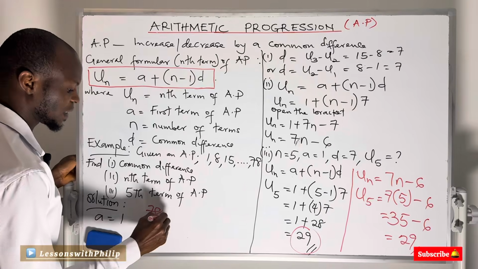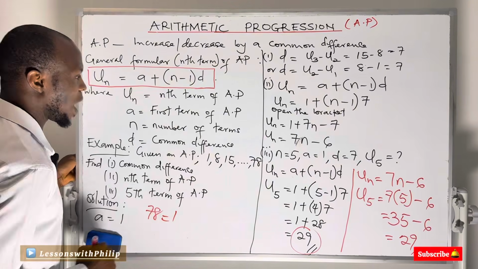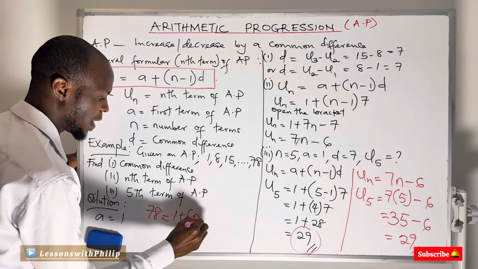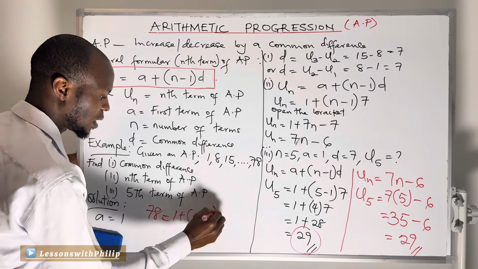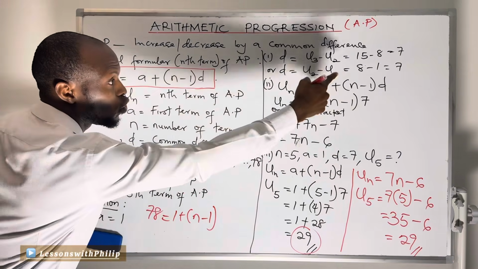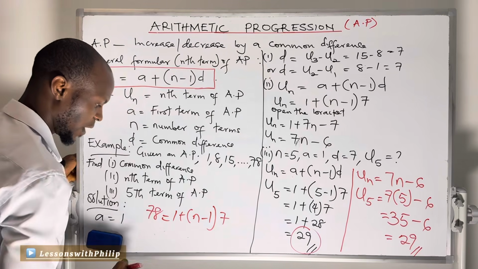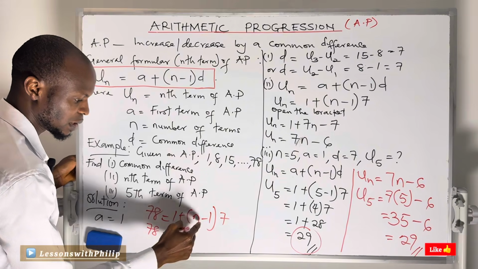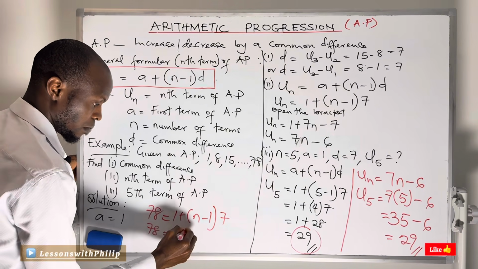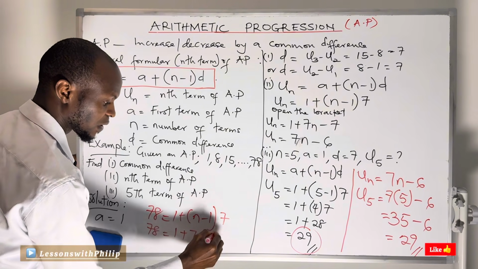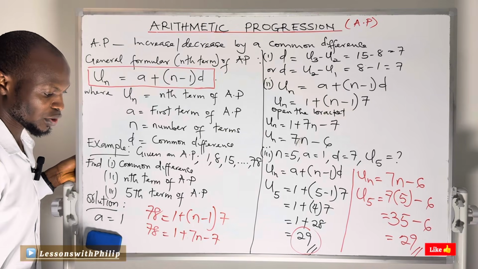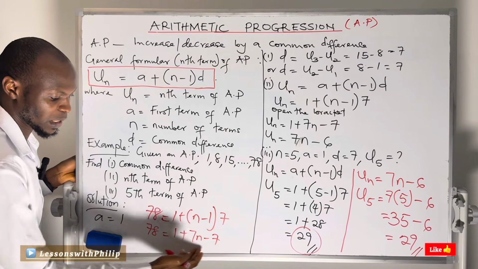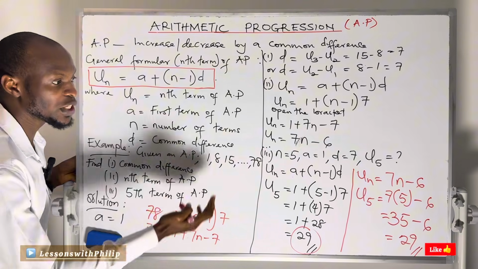Your first term is 1, your n is what you want to calculate, n minus 1, and your common difference is 7. Open your bracket: 1 plus 7n minus 7. This is not an equation. Then you collect like terms and find your n. If you see this in mathematics, the only thing that is not known is your n.